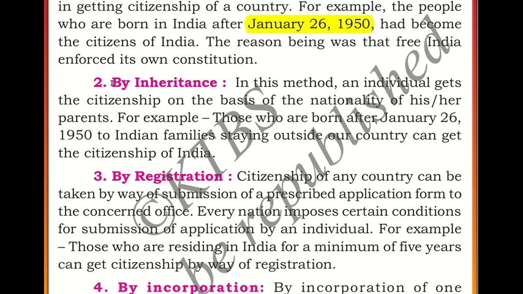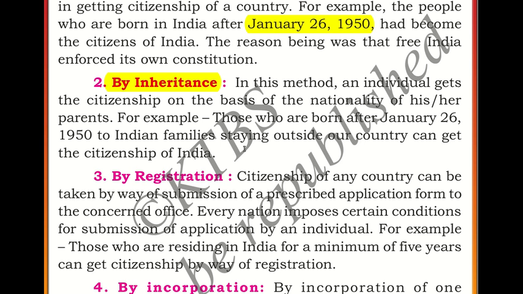Up next, we have the second method of acquiring citizenship, that is by inheritance. In this method, an individual gets the citizenship on the basis of the nationality of his or her parents. For example, those who are born after January 26, 1950 to Indian families staying outside our country can get the citizenship of India.